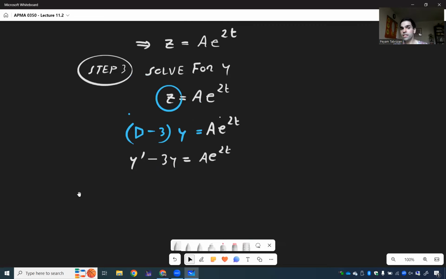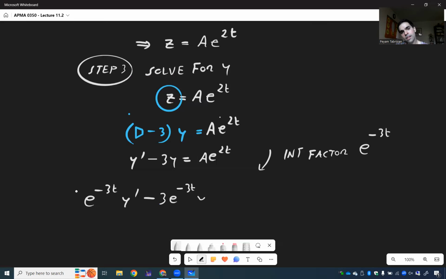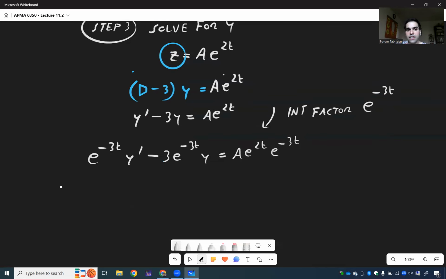And this one we can solve using integrating factors. So in this case, e to the minus 3t. So let's multiply this: e to the minus 3t y prime minus 3e to the minus 3t y is ae to the 2t times e to the minus 3t. Again, the left-hand side becomes a beautiful derivative.